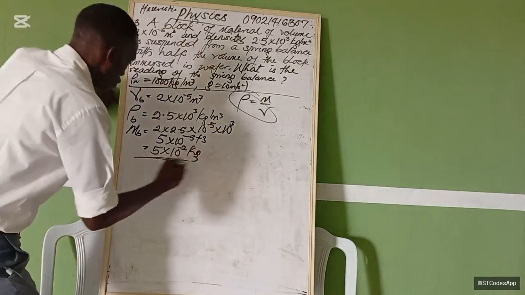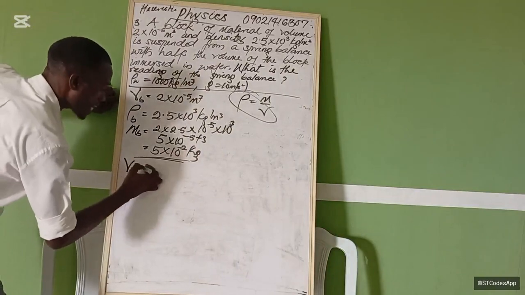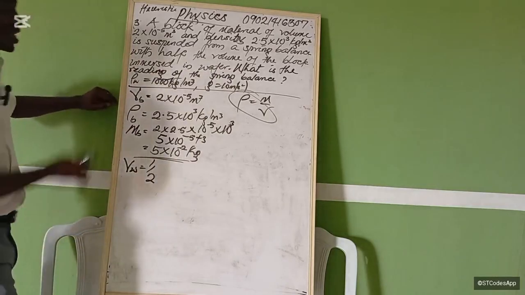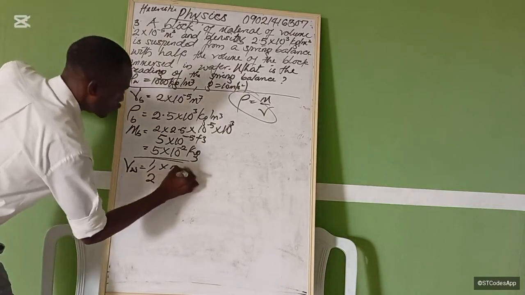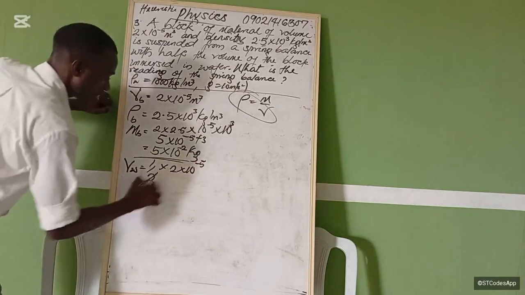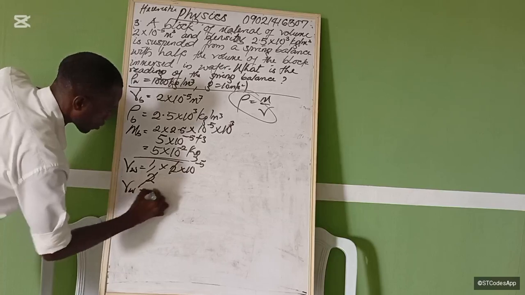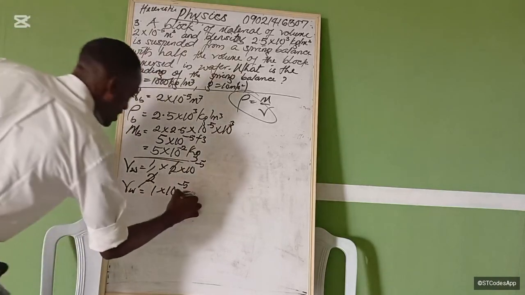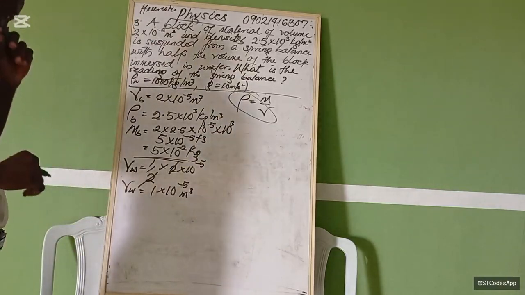So the volume of the water displaced is going to be half of the volume of the block, which is 2 times 10 to the minus 5. So V sub W is equal to 1 times 10 to the minus 5. This is the volume of water displaced.